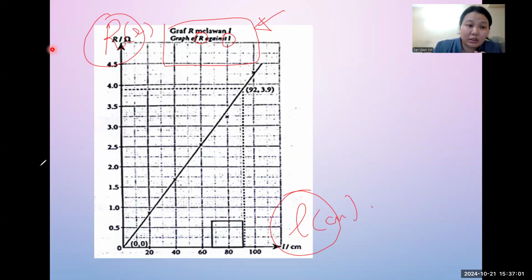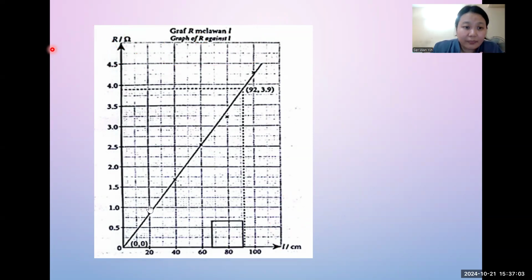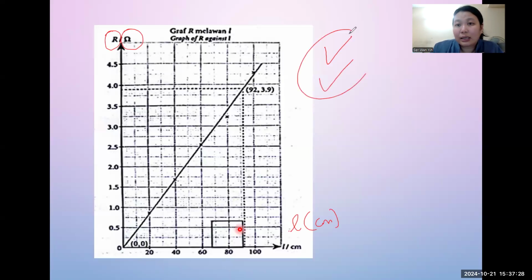This is next year's experiment, don't worry. So don't miss the mark here. If there's not enough time to plot, just drawing up to the labels still gets you marks. First tick is if you say R and L. Then both units correct, second tick, like this one mark. You understand?